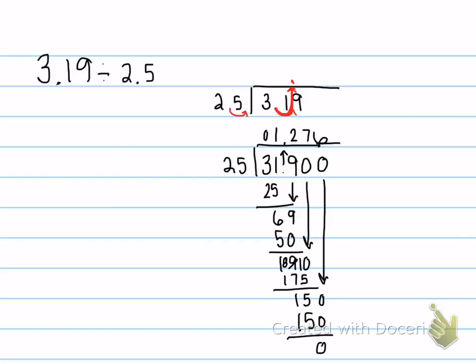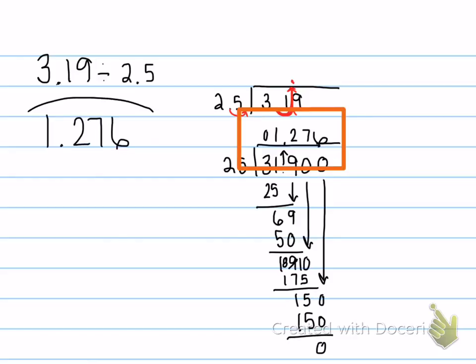So 31 and 9 tenths divided by 25 is 1.276. So we had to move the decimal over, so we were dividing by a whole number.